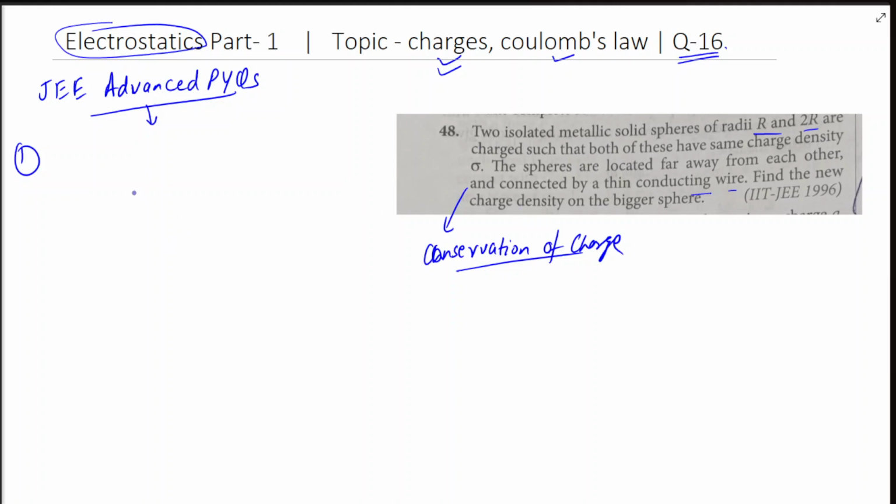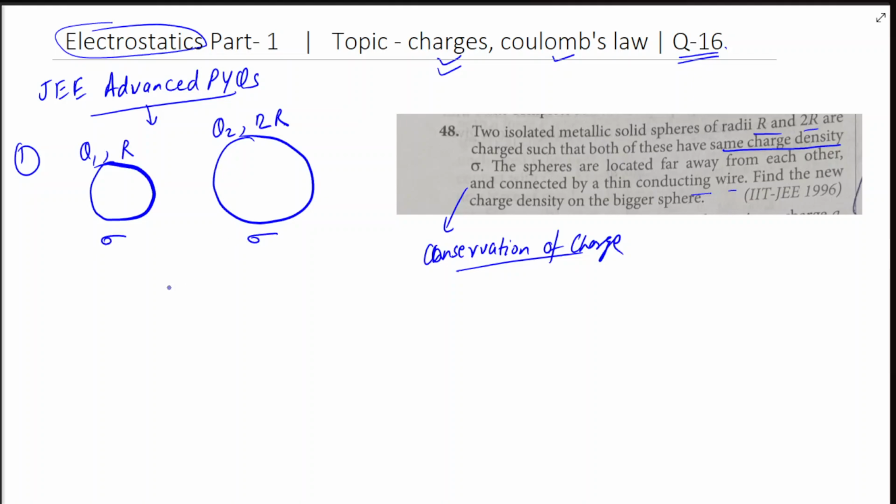Okay, let's start. We have one sphere and we have another sphere. Its radius is r, this radius is 2r. Let's suppose it has charge Q2 and this has charge Q1. Initially it is given both of these have the same charge density, so this is sigma, this is also sigma. Let's first find it.